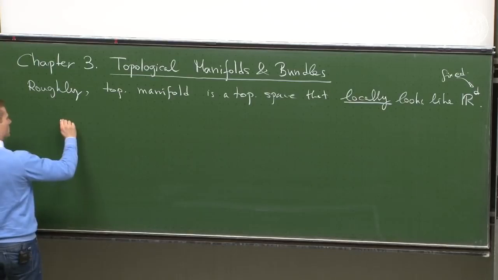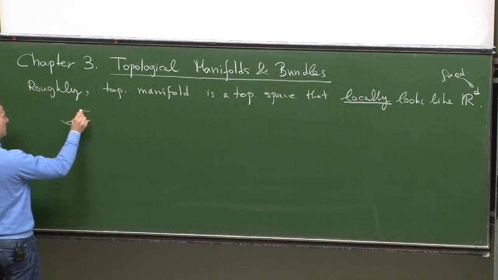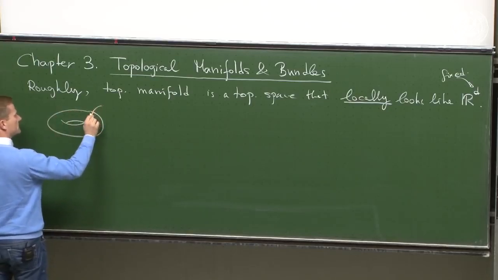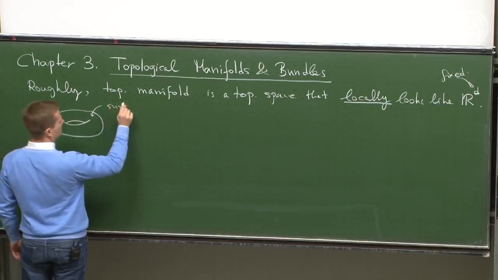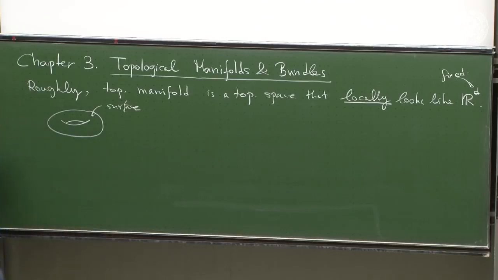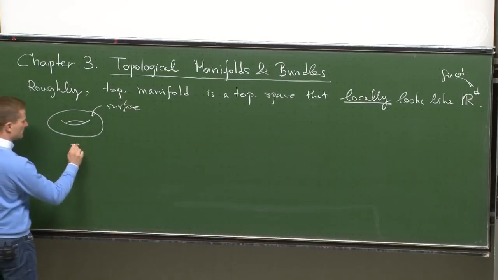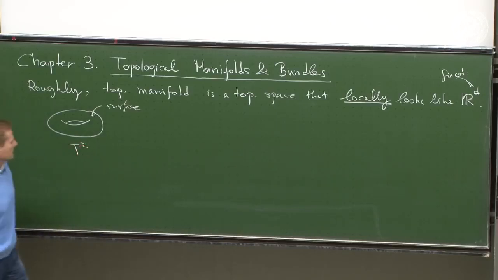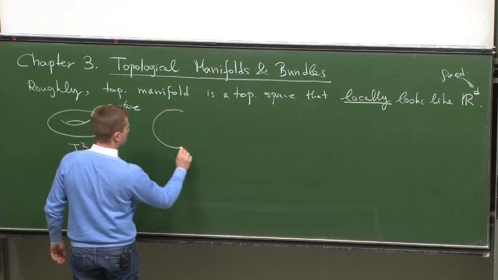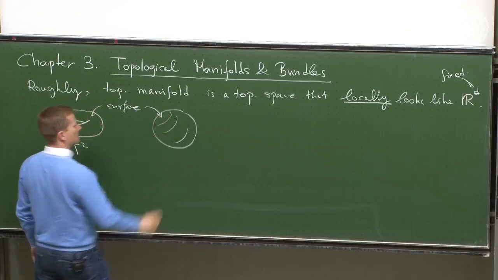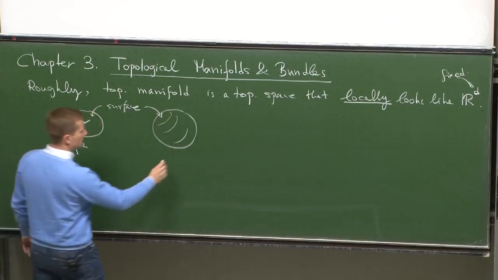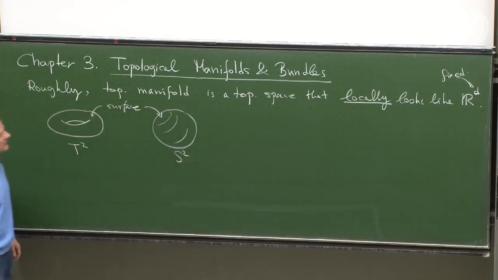And so it's easy to draw some. So the surface of this torus, the surface of it, that's a topological manifold, T2. And we had the sphere. So again, the surface of the sphere, S2, that's a topological manifold, looks locally like R2, both of them.